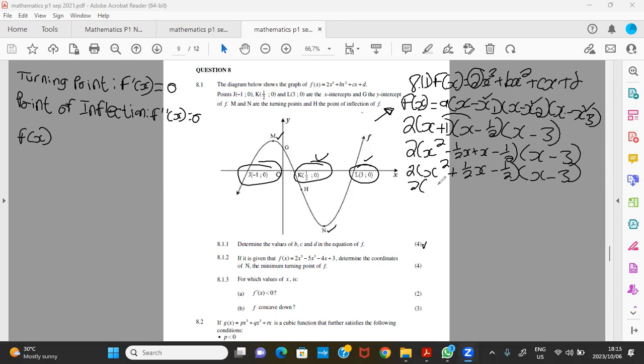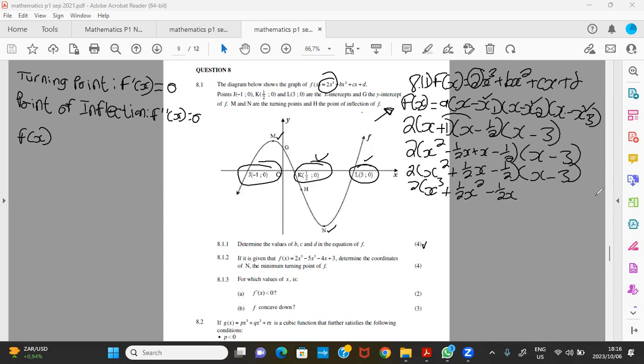So let's see. I'll have x squared times x, that's going to be x cubed. So you see now that's where we get our x cubed. And then plus half x times x, that's going to be half x squared. And then minus negative half times x, that's going to be minus half x.